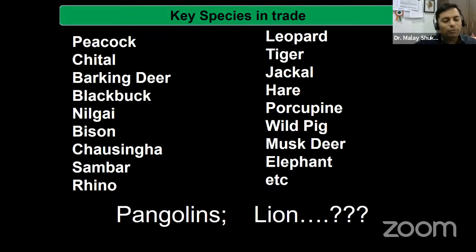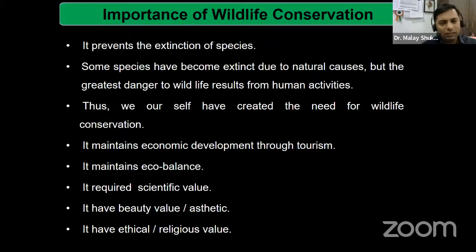And it's estimated, as per the reports published by various government and non-government organizations, that it's one of the species that may get wiped out even before the tiger or leopard, right? So pangolin is one of the world's most trafficked species, and we'll discuss a lot about how to identify the pangolin scales, right?